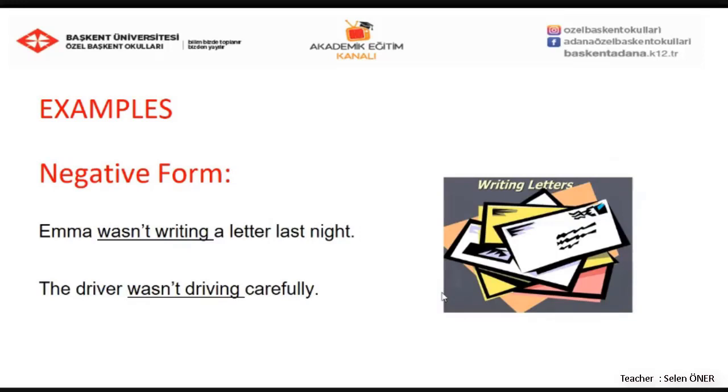Negative form. Emma wasn't writing a letter last night. She wasn't writing a letter last night. Writing, okay? It takes time. The driver wasn't driving carefully. The driver, he or she, wasn't driving carefully. Driving, okay?